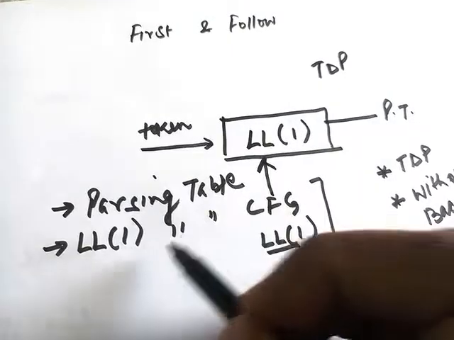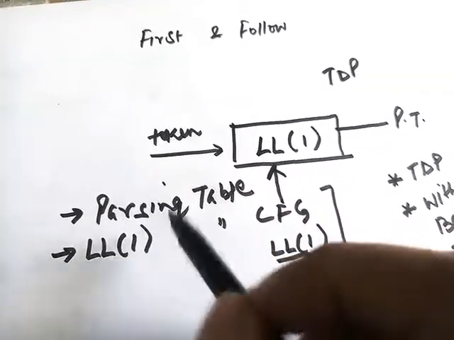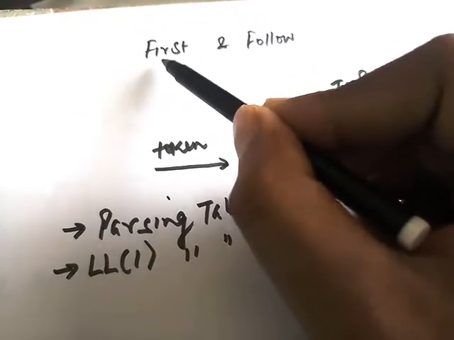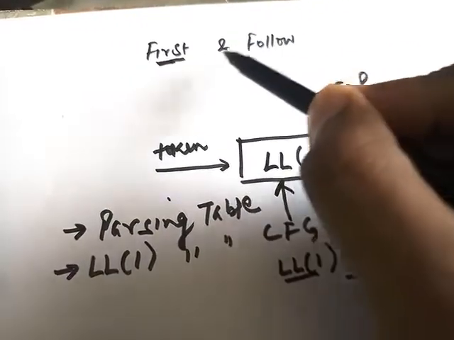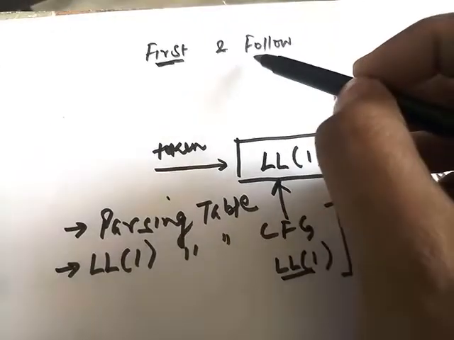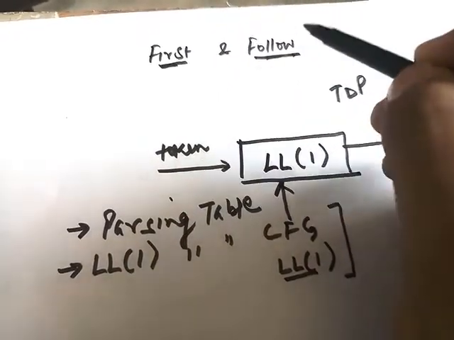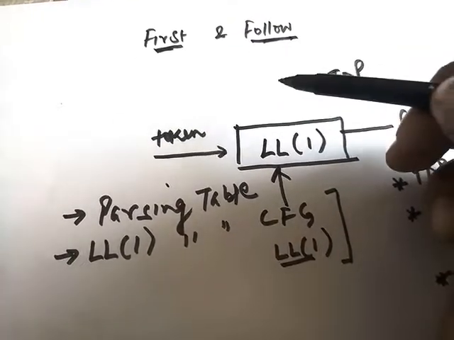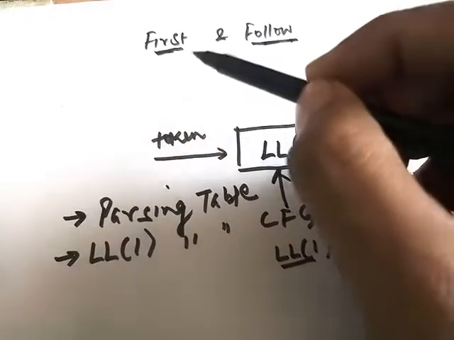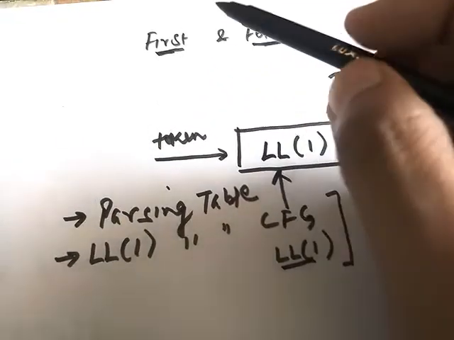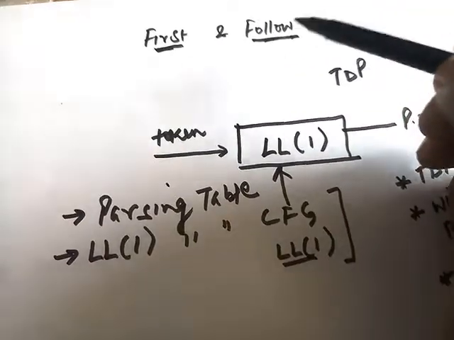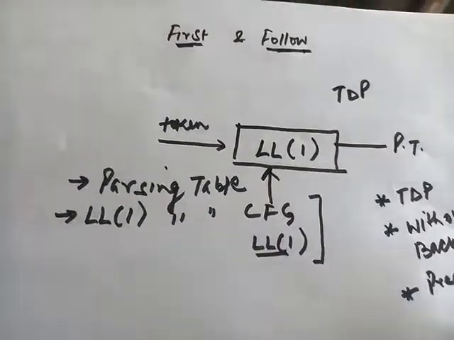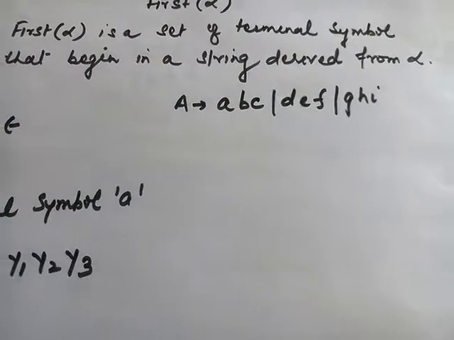So to create this parsing table, first we have to calculate the first function of a grammar and the follow function of a grammar. So this is one of the most important topics while discussing the LL1 parser. You should be able to find out how to create the first and how to create the follow. So we'll see the basic definitions and how we can use them.